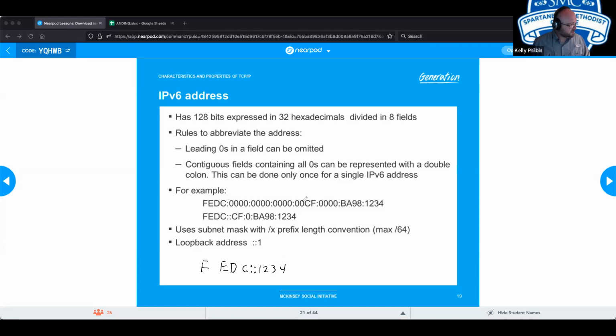So if all of these were zeros in between the other two, this is exactly how you would write that address. So it could be all of them.